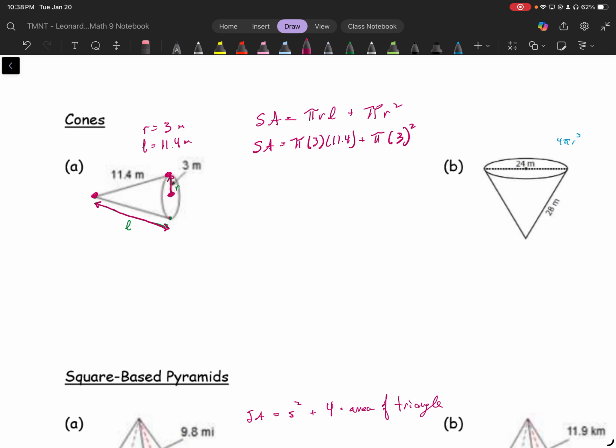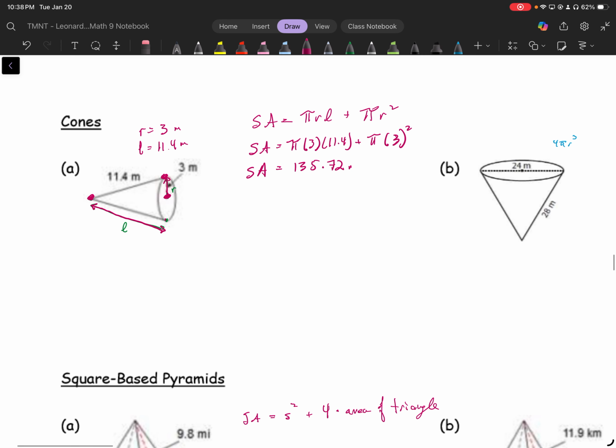If you take your time with your calculator, what you'll find is that this is 135.72. My base unit is going to be meters, and since we're dealing with surface area, my units will be squared.